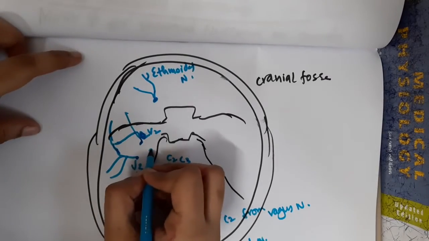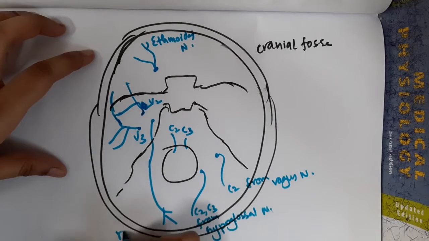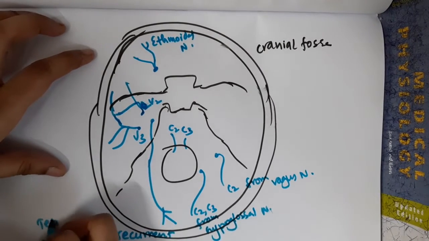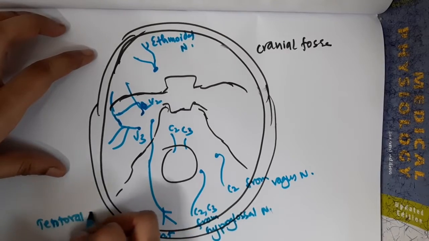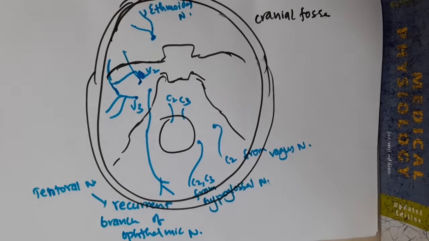Then from V1 a branch goes to the posterior cranial fossa, that is the recurrent branch of the ophthalmic nerve. What is this recurrent branch of the ophthalmic nerve? This is actually the tentorial nerve, which is the recurrent branch of the ophthalmic nerve to the posterior cranial fossa.